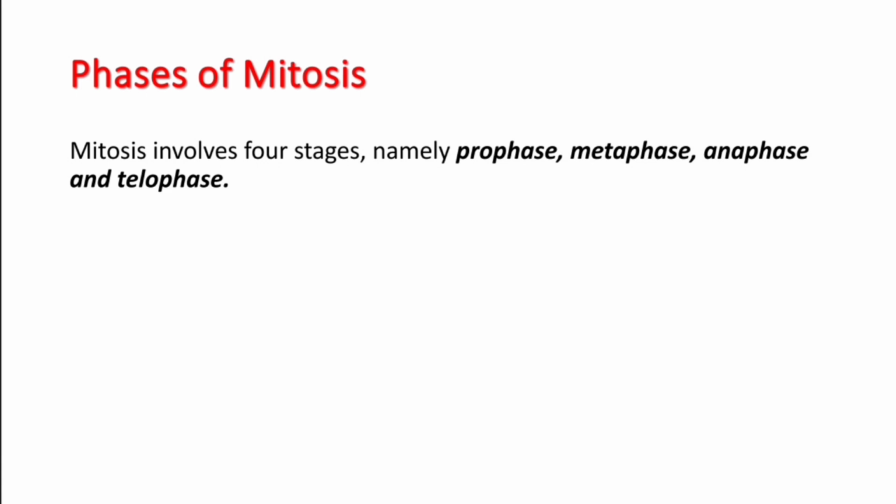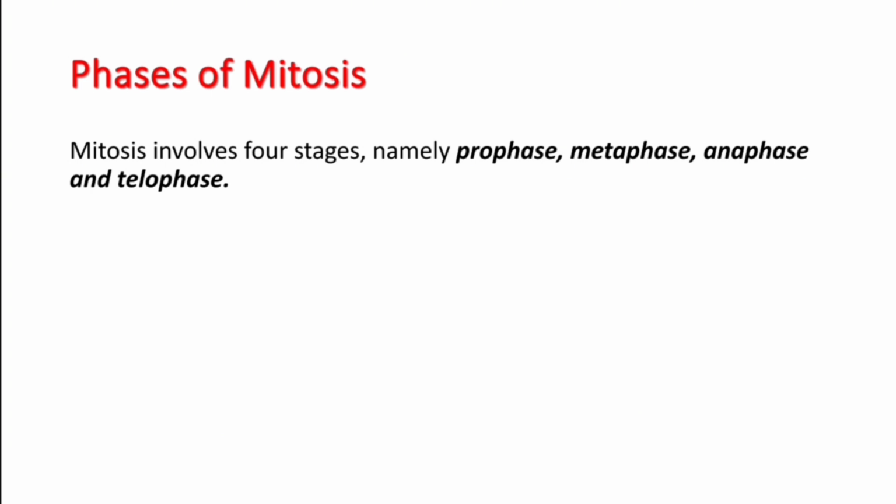These are the phases or stages of mitosis. We've got prophase, which is the first stage, metaphase, which is the second stage, anaphase, which is the third stage or phase, and telophase, which is the fourth and final stage of mitosis.